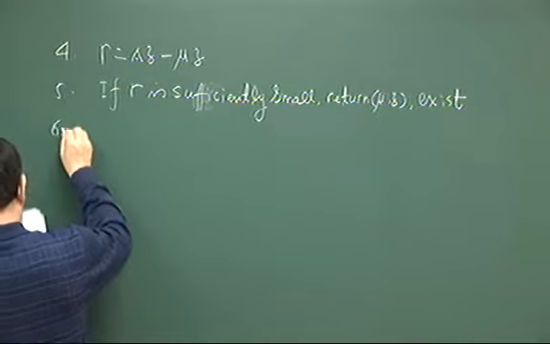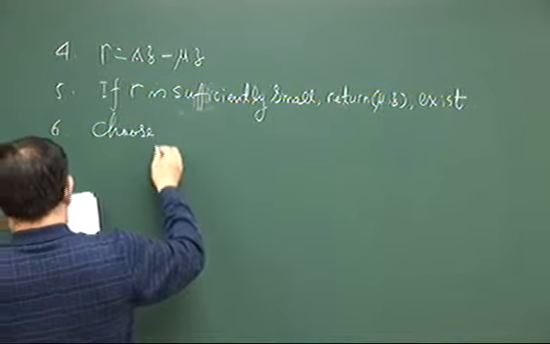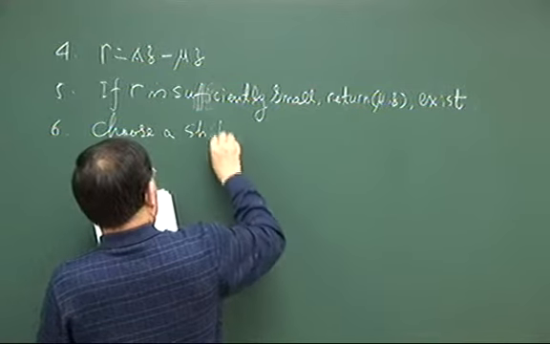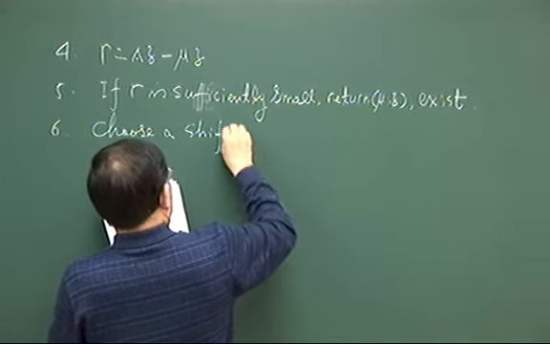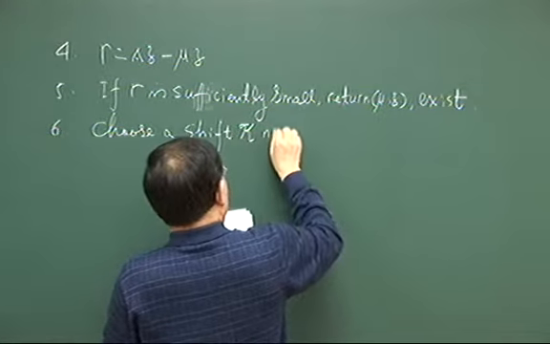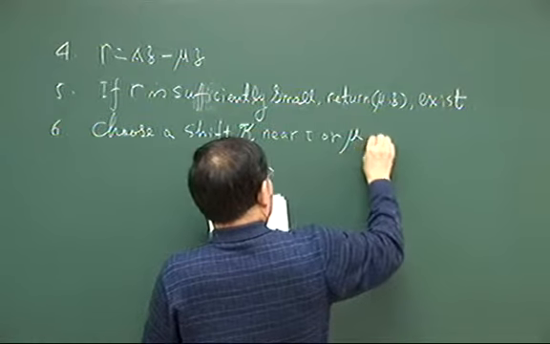Step 6: choose a shift kappa near tau or mu.